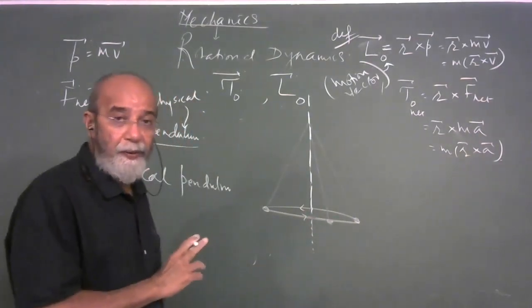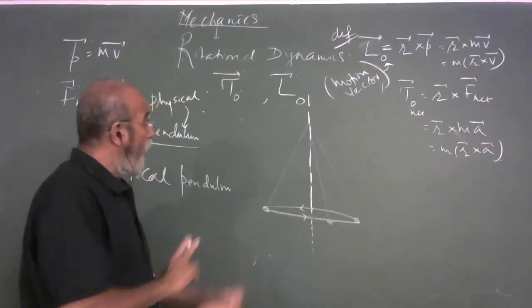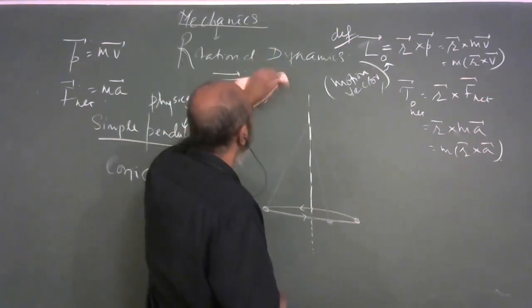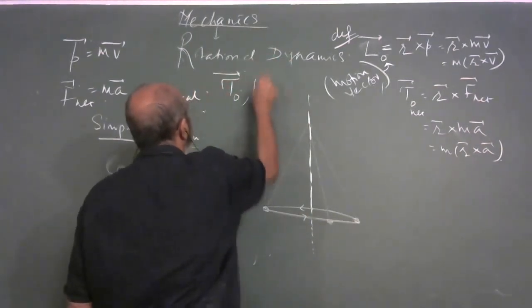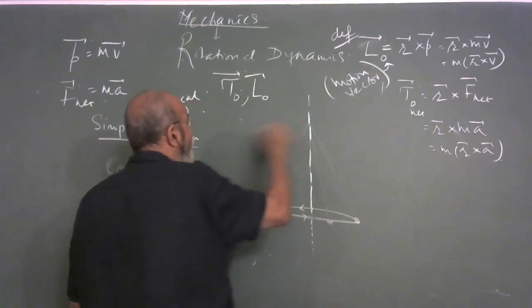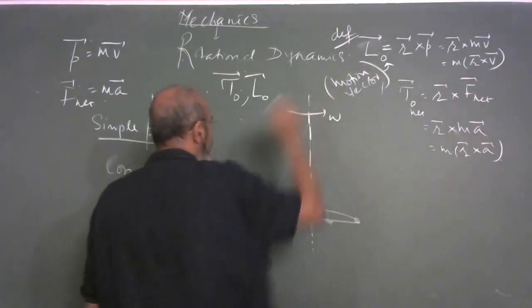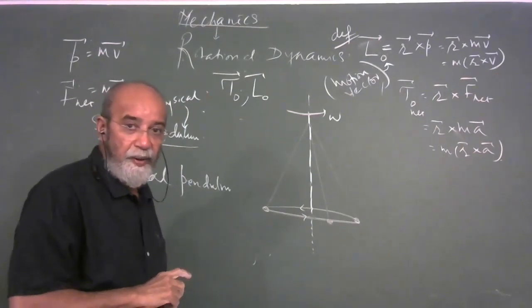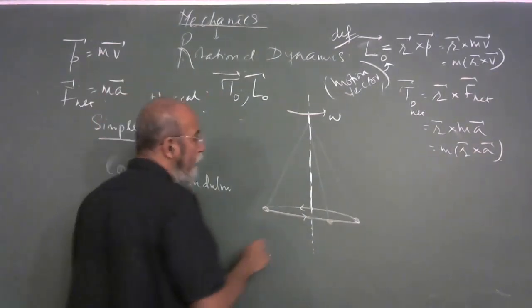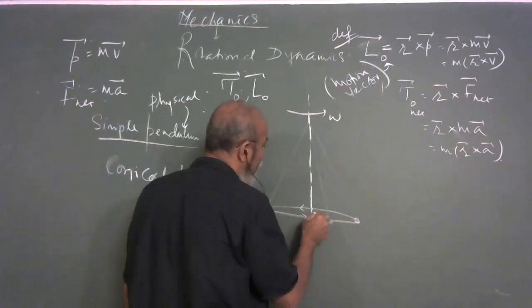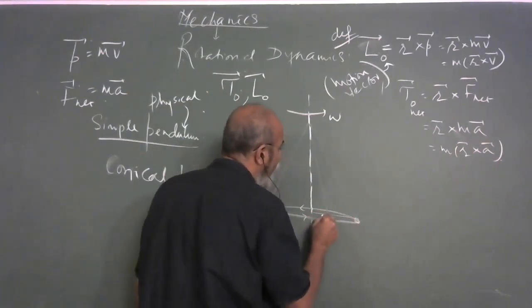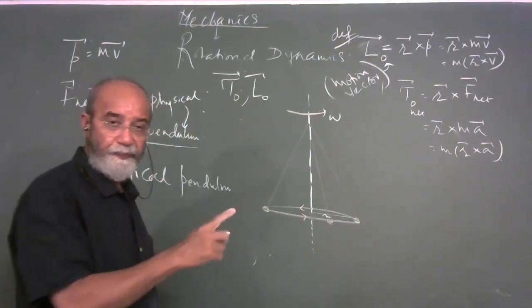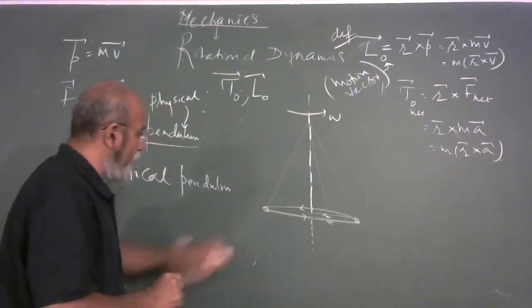The simple pendulum is rotated in such a way about this axis that it traces out a perfect circle with a radius r.